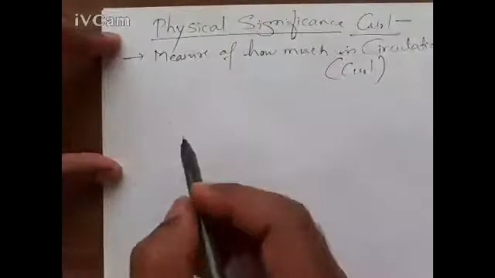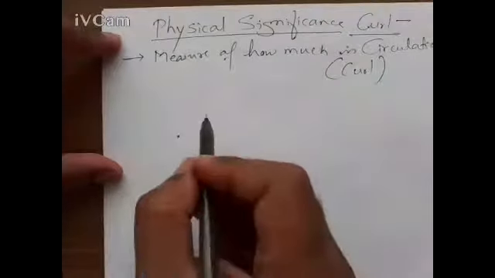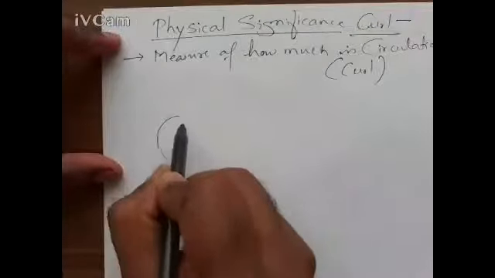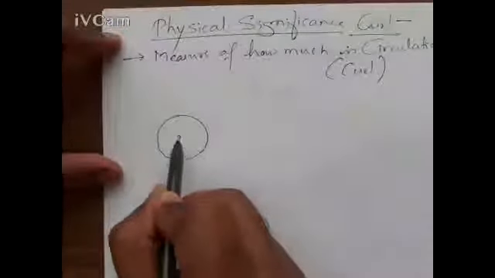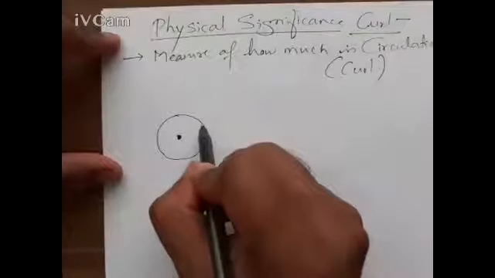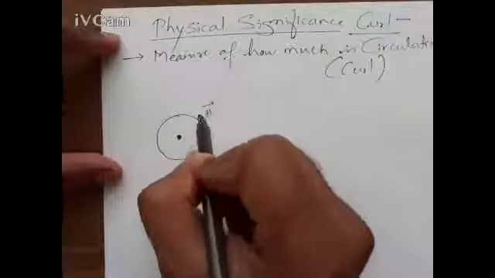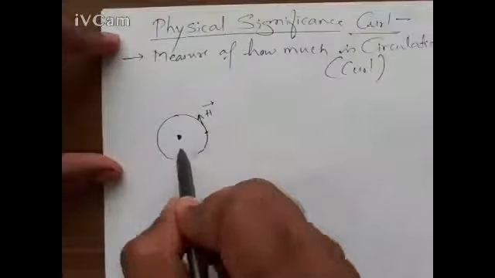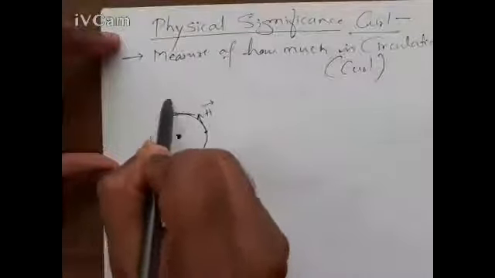Let us say the magnetic field is there. For example, the magnetic field is curling, and this is the center point of that. As you know, the magnitude of a vector is given by the length of the vector, and the length of the vector gives us the magnetic field.